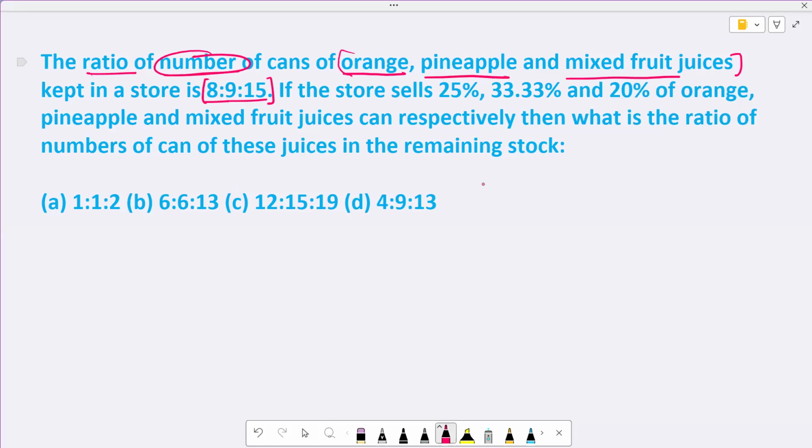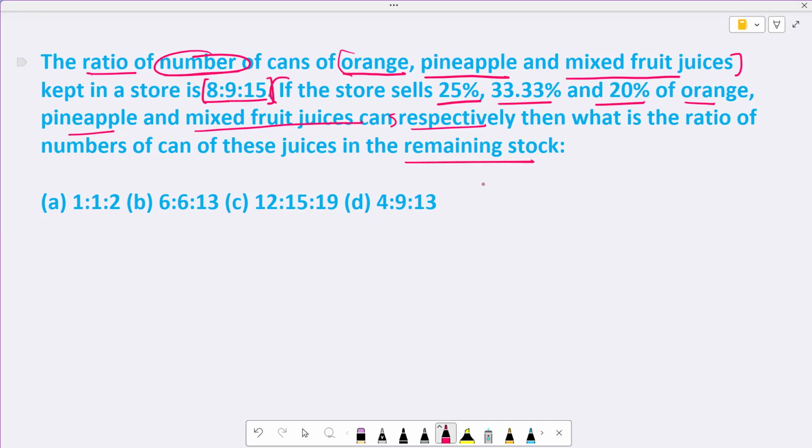The second statement tells us if the store sells 25%, 33.33%, and 20% of orange, pineapple, and mixed fruit juice cans respectively, then what is the ratio of the numbers of cans of these juices in the remaining stock?